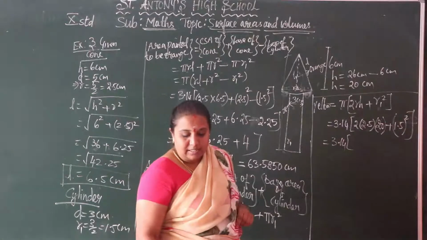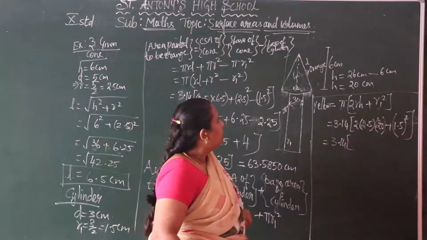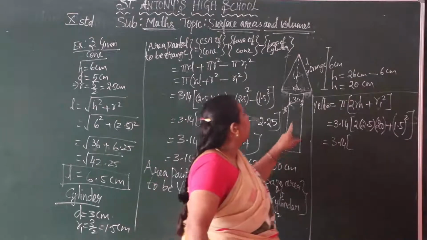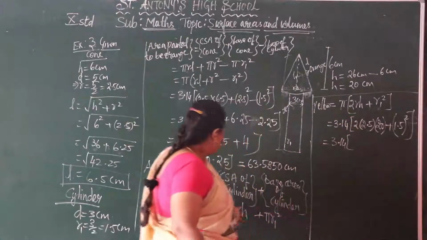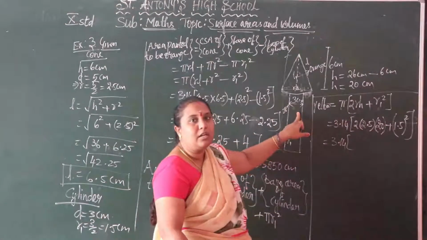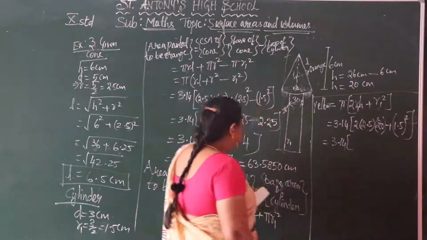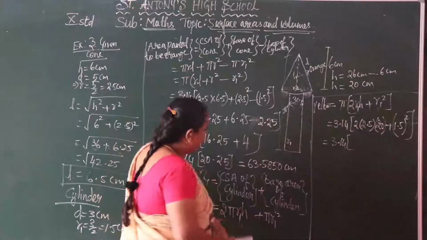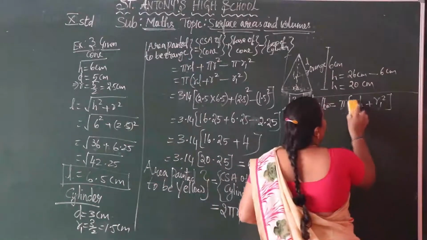Sorry children, here it is r1, not r: 2 pi r1 h, since this is totally the cylinder. So here we have r1 h, and we take r1 also commonly outside.